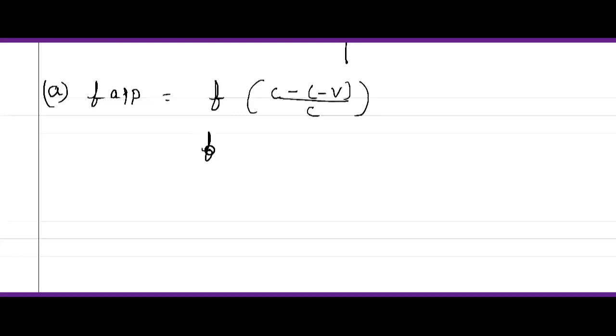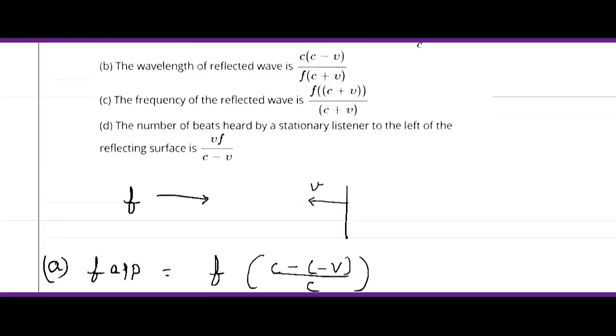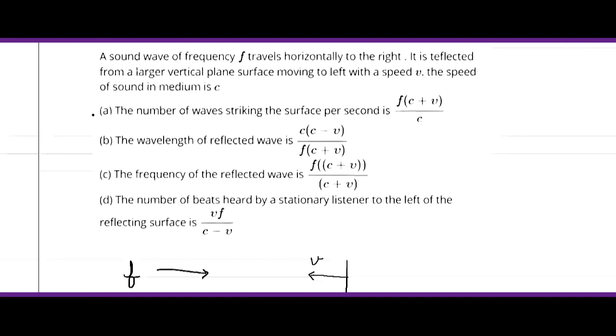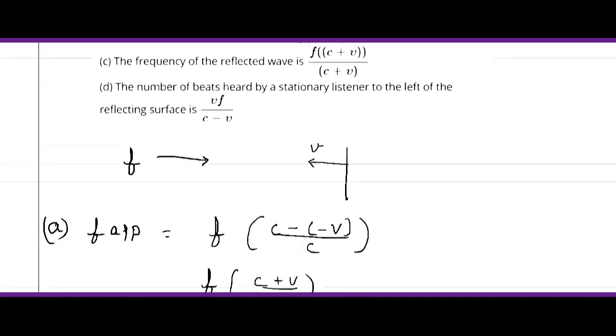So it equals F into c plus v divided by c, right? So the first option is correct. The number of waves striking the surface per second is F into c plus v divided by c. Now, after that, we have to find the frequency of the reflected wave.